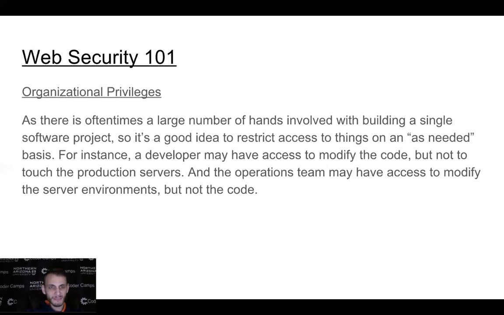You can think of software like Facebook, where not every developer that works at Facebook has access to Facebook's database. Maybe they only have access to the front end code because they're a designer or something. So that being said, assign privileges accordingly.